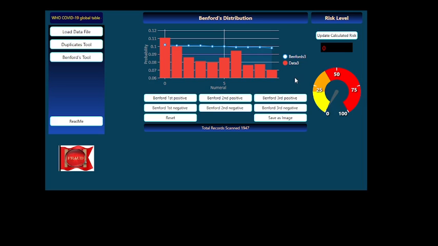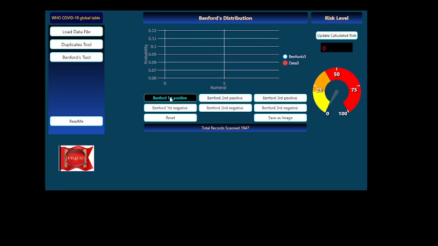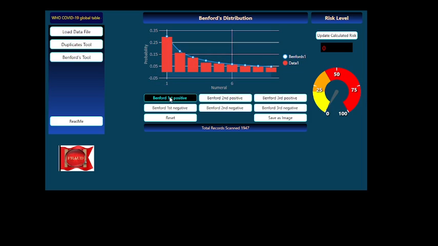So for now, I'm going to shelve it and basically conclude that the COVID-19 data as reported through the CDC as well as the World Health Organization, the reported statistics do conform to what's expected on a natural set of numbers.